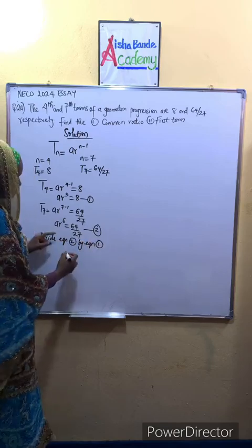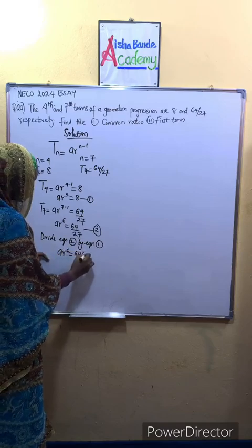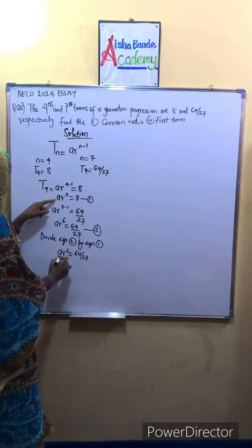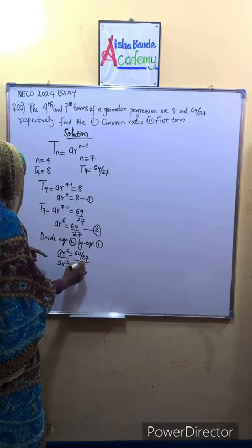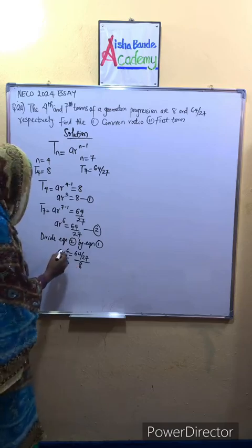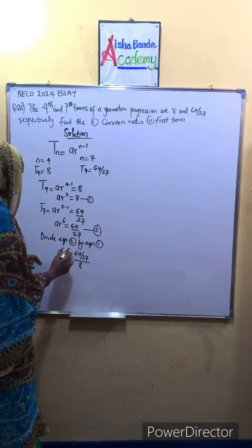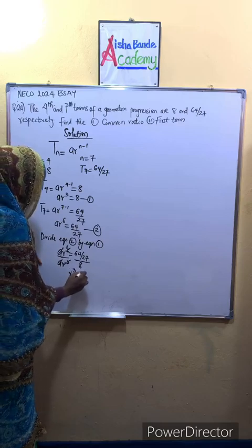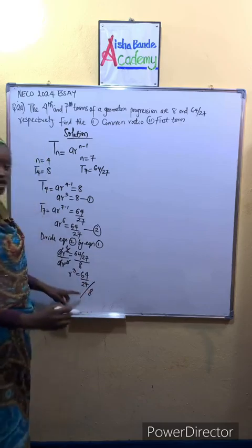So this becomes equation 2, which is ar raised to the power of 6 is equals to 64/27, divided by equation 1, which is ar raised to the power of 3, and which is equal to 8. So looking at this, a we cancel a, r to the power of 3 we cancel 3 here, so we are going to be left with r to the power of 3 is equals to 64/27 all over 8. So we can simplify this here.